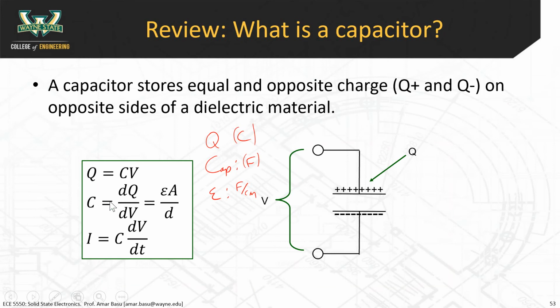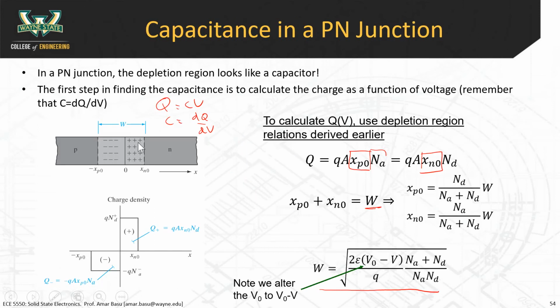The definition of capacitance, I'm sorry. Capacitance is equal to epsilon A over D. That's a very basic rule for parallel plate type capacitors. If we look at the depletion region as a parallel plate capacitor, so you have a certain amount of charge on this side, a certain amount of charge on this side, you have a width of the depletion region.